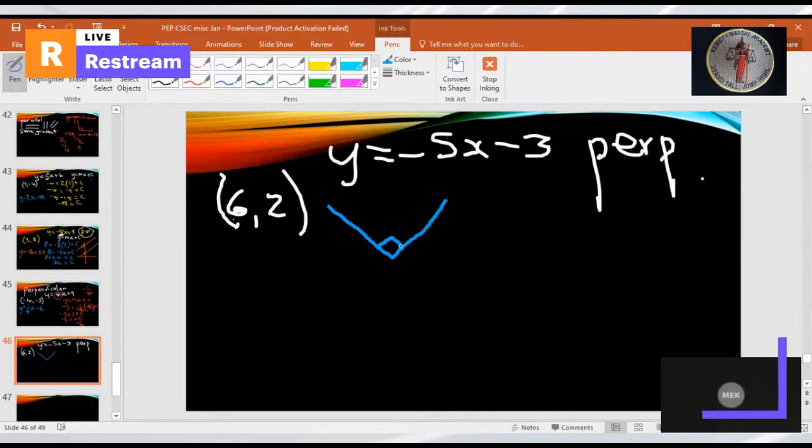They create a right angle to each other, whichever way they're oriented. If we had one going this way, they could meet each other like that. They meet at right angles.